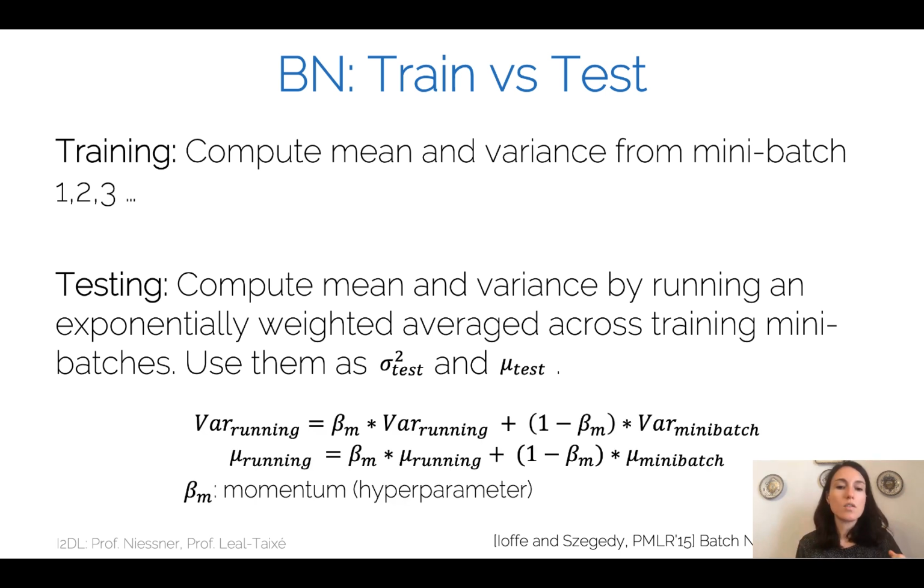So essentially, you're going to use the mean and the variance that you computed at training time. You're going to compute this exponentially weighted average, and you're going to use this value during test. So essentially, during test, the values for the mean and variance are fixed as obtained during training.